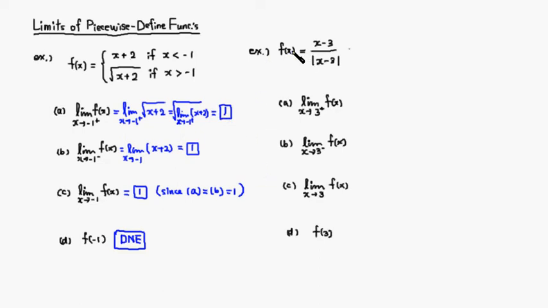All right, so let's look at the second example. If you have f of x equal to x minus 3 over the absolute value of x minus 3. Remember that the absolute value function is a hidden piecewise defined function. So let's write it as a piecewise defined function.